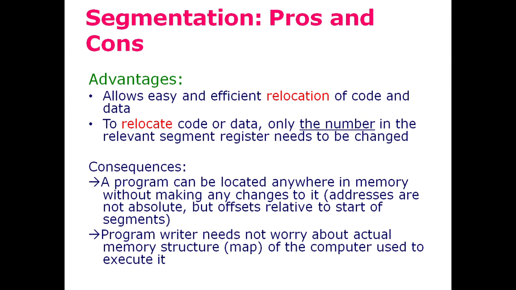A program can be loaded at one set of addresses today, and in a different location tomorrow, and it is not a problem. This is called relocation, and this relocation of programs and data is achieved using segmentation. So the segment registers are used for this purpose.